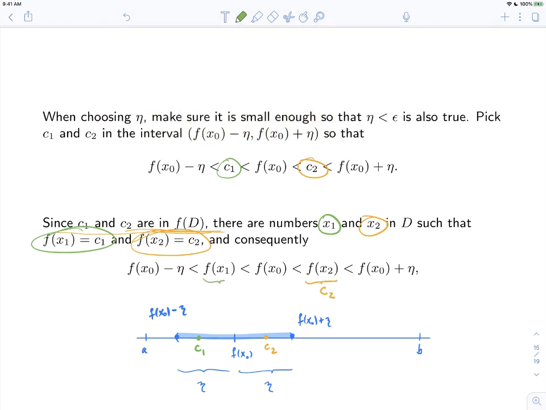And this right here, that's C1. All right. F at x1 is that point, and f at x2 is that point. Basically, the idea is we're just trying to ensure that the outputs are close to f at x naught.